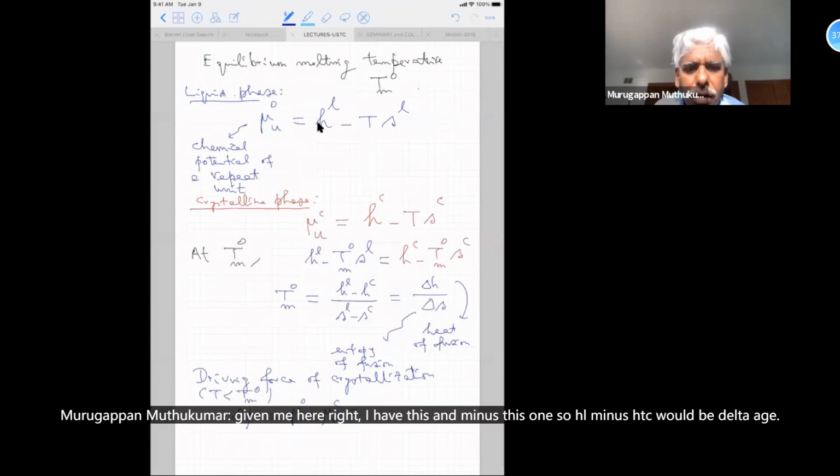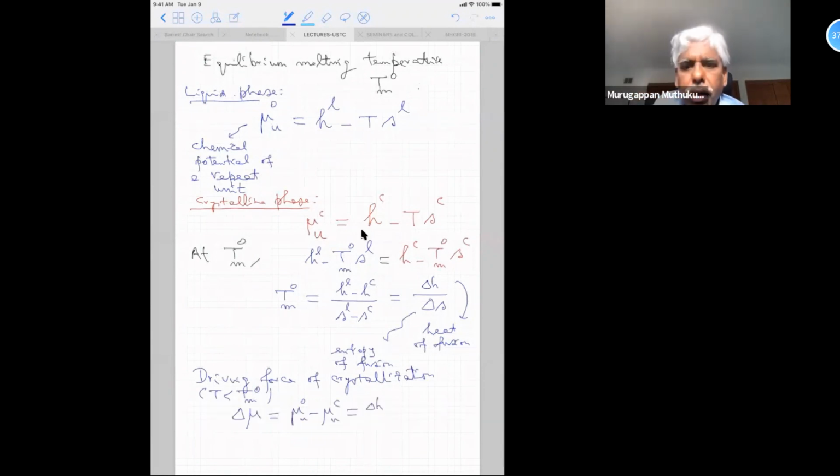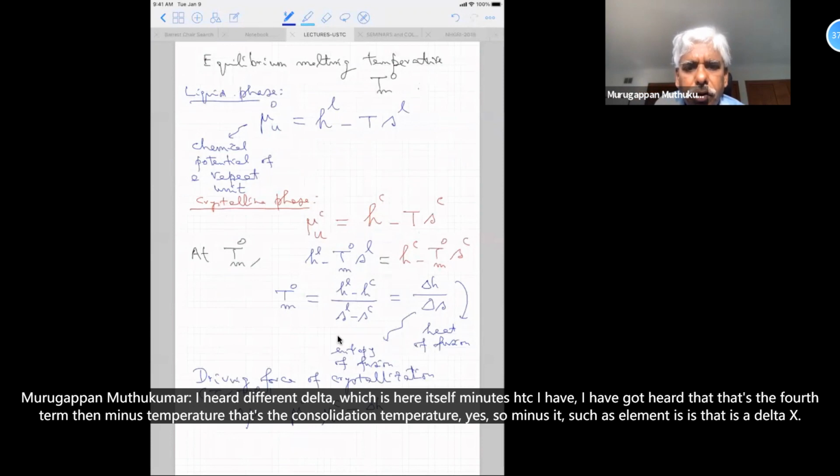I have this minus this one. So HL minus HC is delta H, the first term. Then minus temperature, that's the crystallization temperature, times SL minus SC, that is delta S.